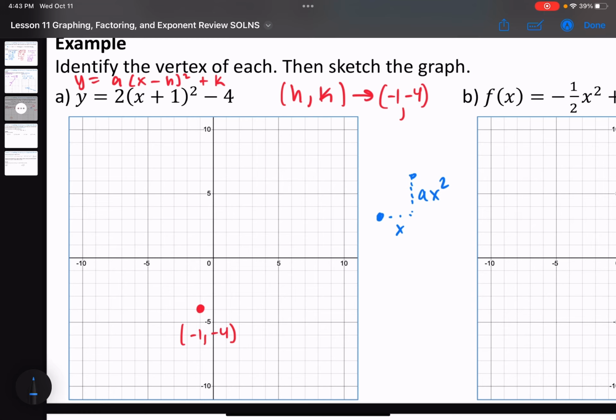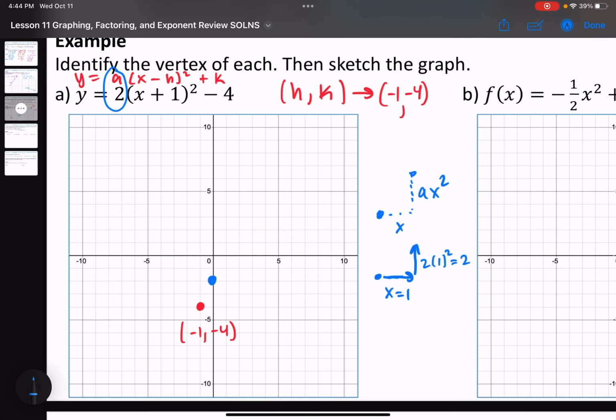So in this case, if I decided to say that x is equal to 1, because I'm going to go over 1 in the x direction, I'm going to have to go up a times 1 squared. In this case, a is equal to 2. So this will be 2 times 1 squared, which is going to be 2 units up. So for this parabola, if I move over 1 in the x direction, I'm going to have to go up 2 units.